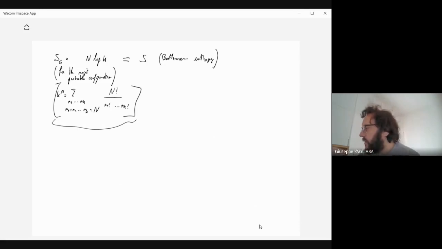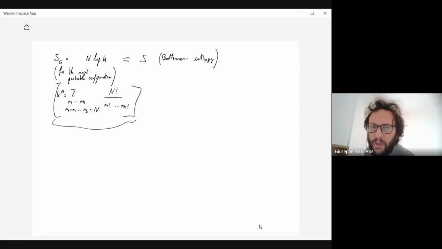Second, what we learned with this exercise is basically what we already know from the case of two possible states, namely that considering the most probable configuration or considering all the possible configurations compatible with the constraints is basically the same for what concerns the entropy.